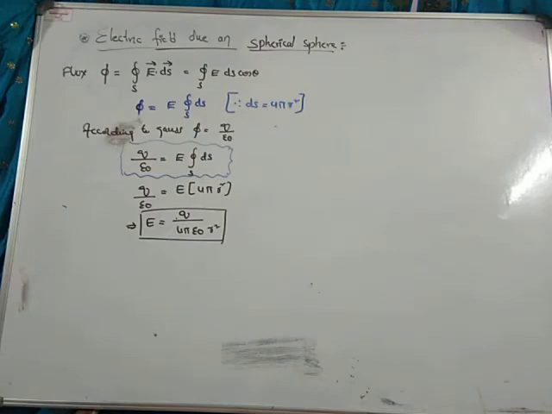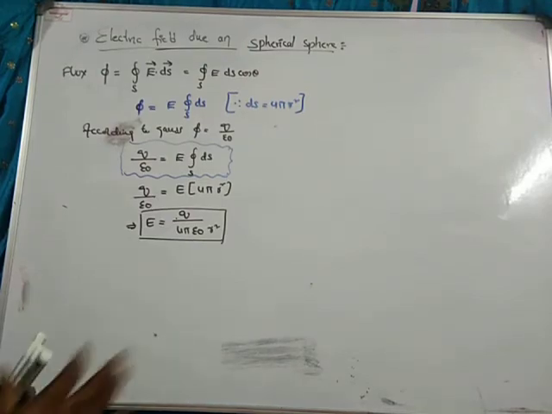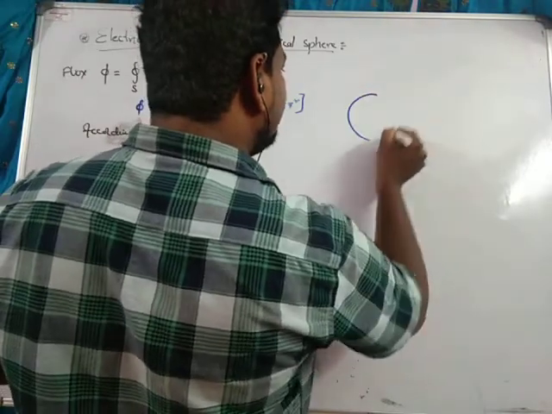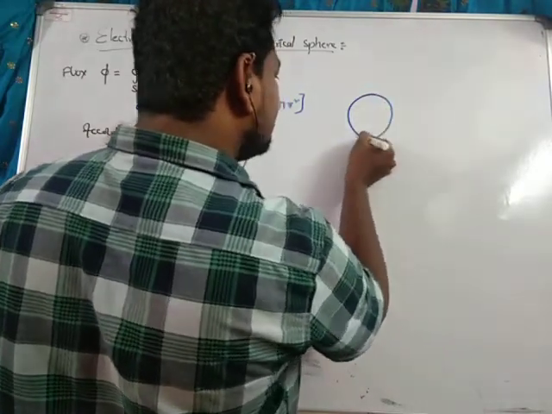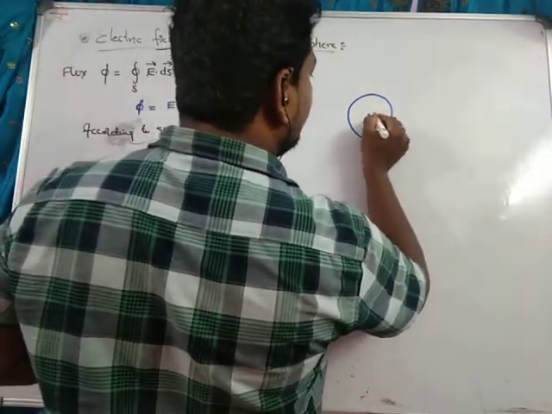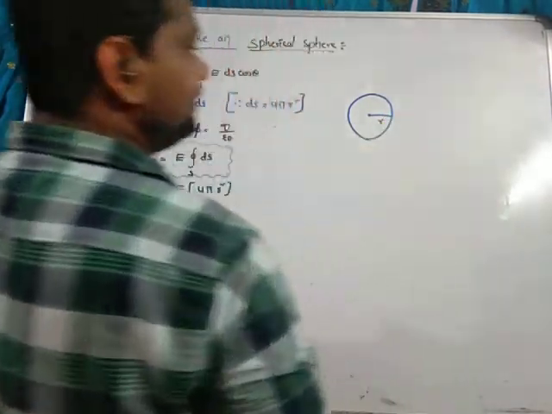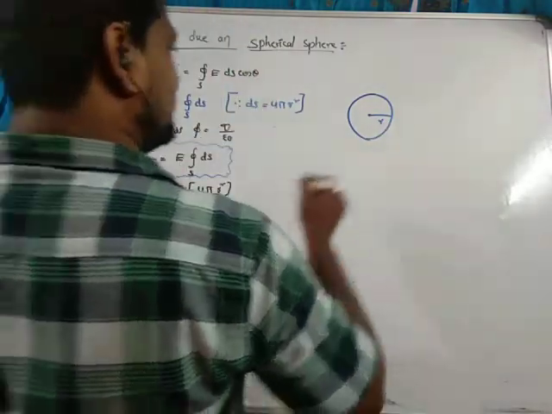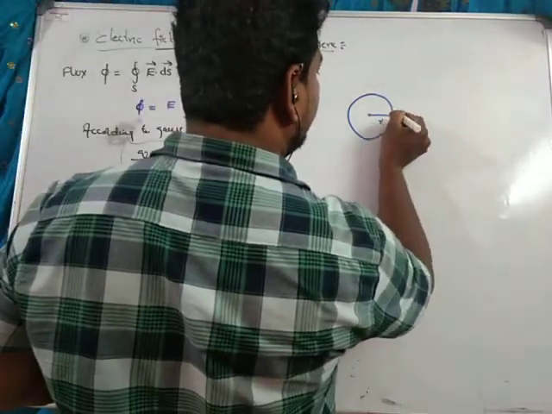Okay, so we have a little bit of confusion, but don't worry, I will give you clarity. Initially we considered this sphere. This is the sphere, it has a radius r, and we placed a small hole here with ds.